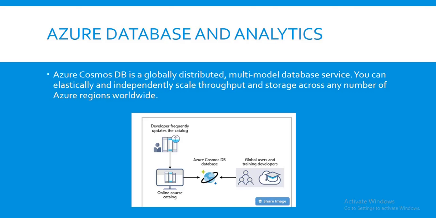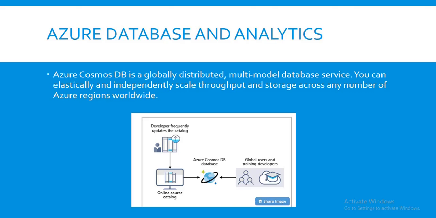It also has regional and global level scaling. That means if there is any requirement for a lot of instances or performance across different regions, then Cosmos DB is the one we should go for.